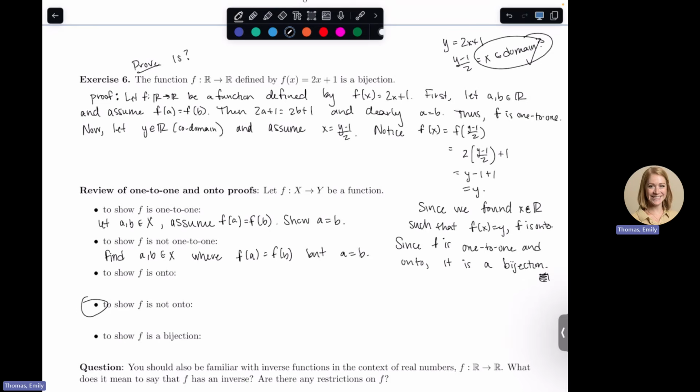How do you show that f is onto? We're going to pick an arbitrary y in Y and show there exists an x in X where f of x equals y. You have to build that x. You're going to construct that x based on your y.